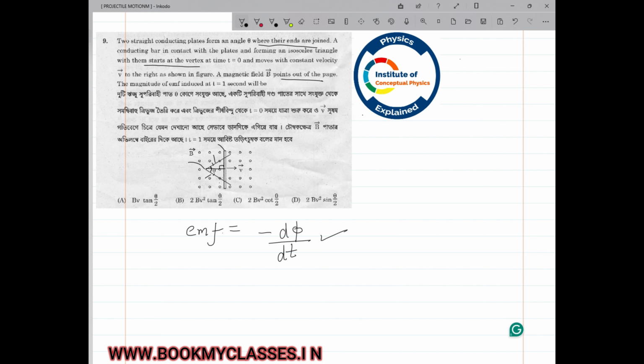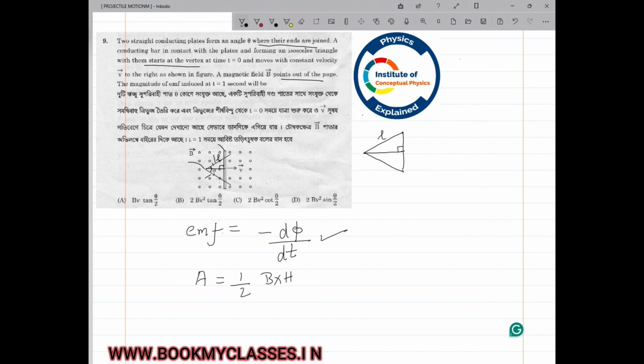Let's say the length of this particular part is L. So I'm referring to this as your L, and if I have to find the area of this triangle, obviously it is going to be half base into height.